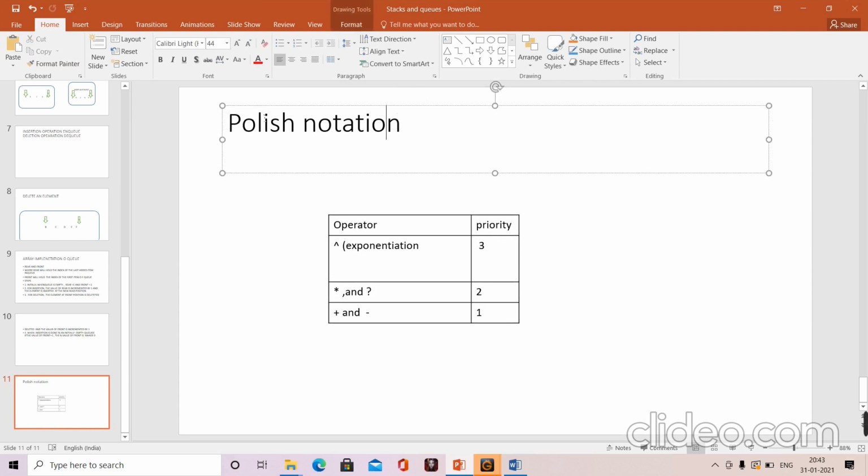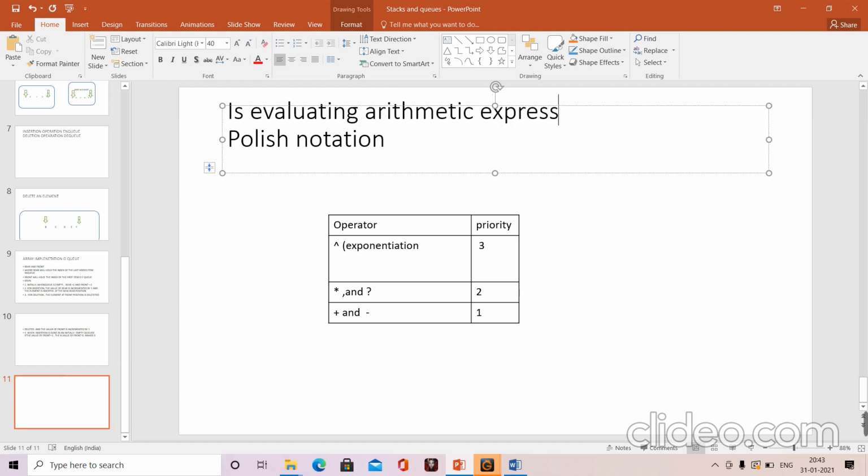So as I told you, an important application of stacks is evaluating arithmetic expressions. Okay, expression. So this is one application.